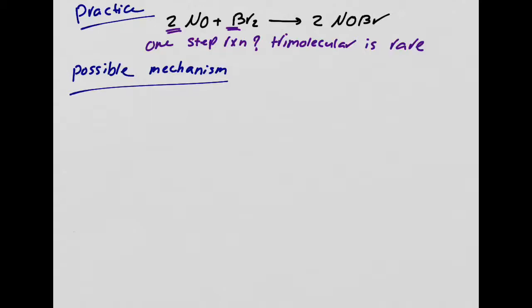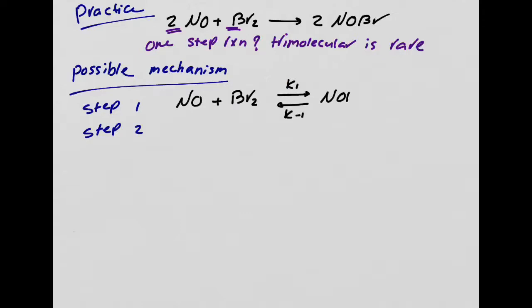Now, we want a possible mechanism for this, and here's one of the mechanisms that we're going to go over. One possible mechanism is NO plus Br2 going back and forth with K minus 1 to NOBr2, and then the second step is NOBr2 plus NO going to 2NOBr.